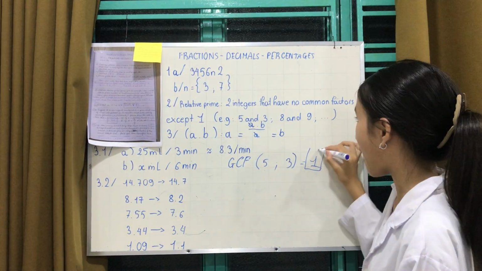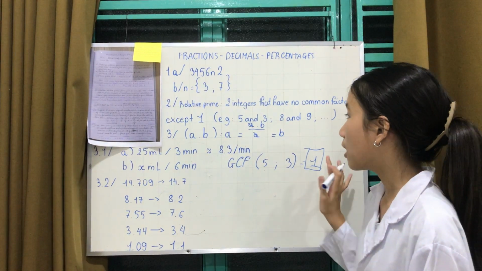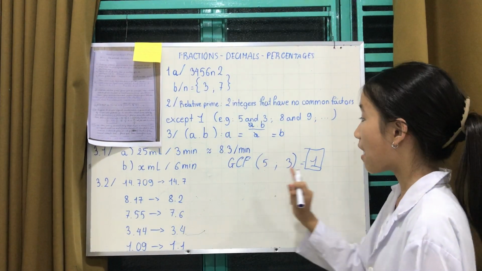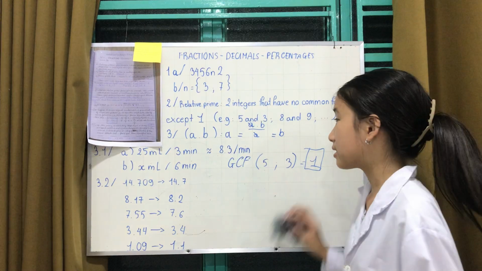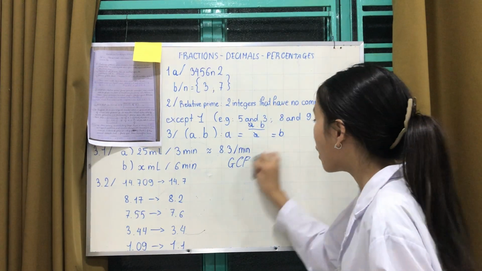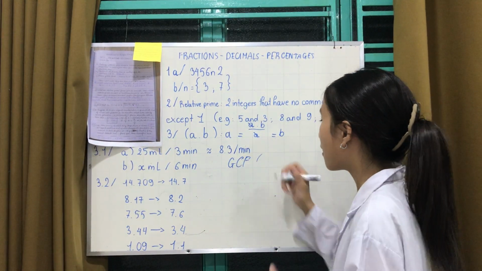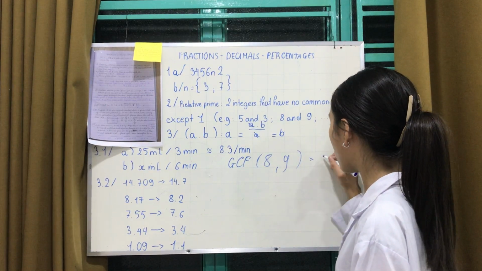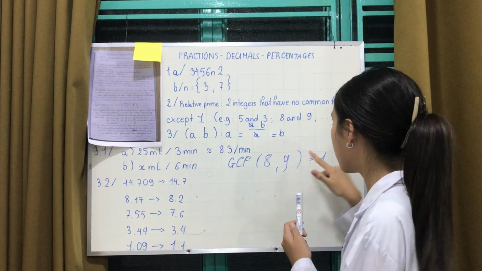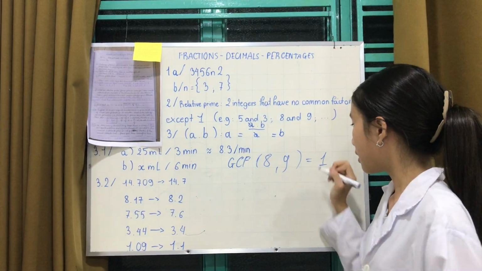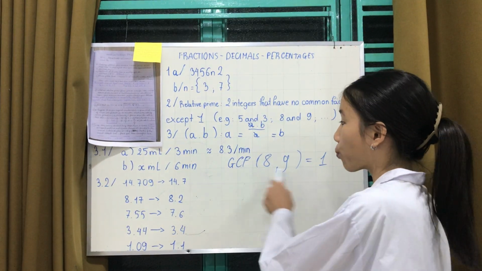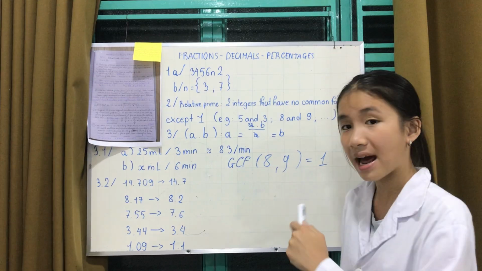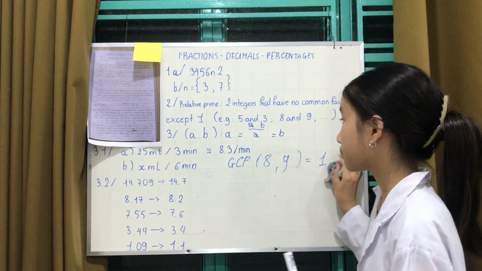That is the common factor of 5 and 3. Another example is the GCF of 8 and 9. That will equal 1, and nothing except 1. So yeah, that is coprimes. These two numbers are coprimes or relative primes.